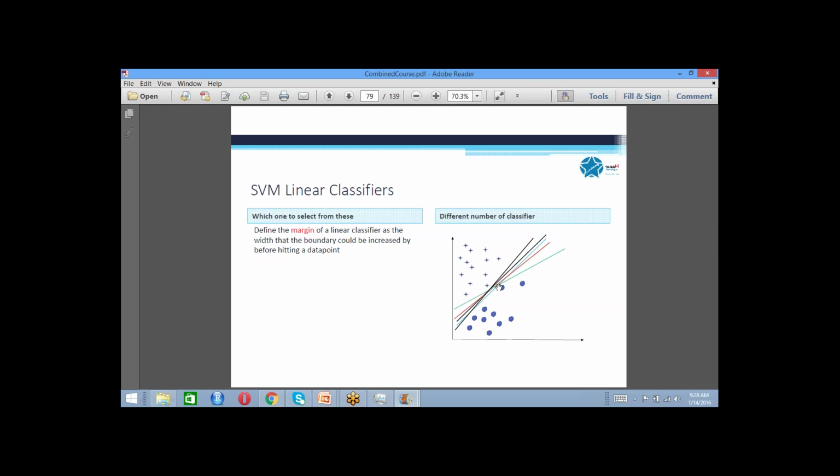So what machine learning scientists have done is they have overcome this problem by introducing a very interesting notion called margin. So margin is basically the notion of a linear classifier supported by a width that the boundary could be increased before hitting a data point.